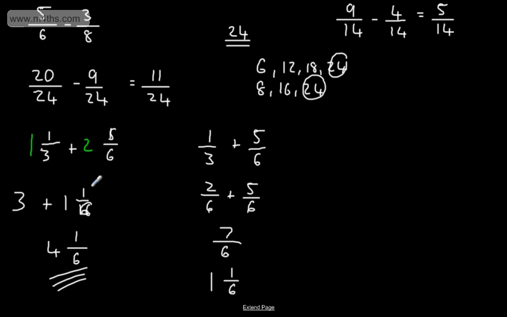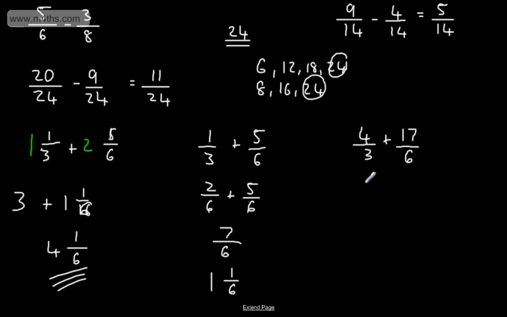Now, you could have argued that you're going to convert these into top-heavy fractions if you want. If you did that, we would have now 3 over 3 plus 1 over 3, which is 4 over 3, plus 6 times 2 is 12, add the 5, 17 over 6.